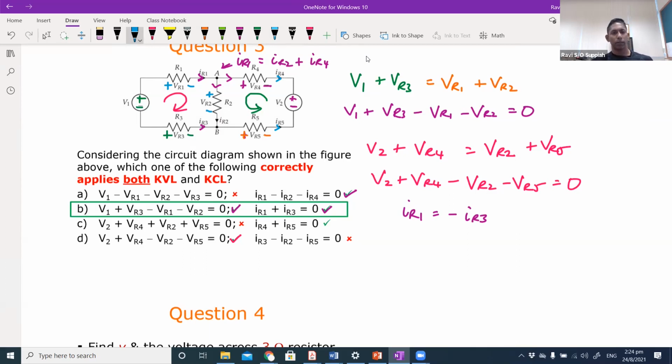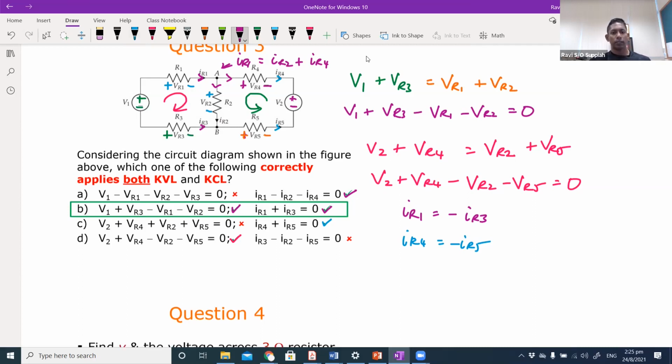So with that, you can also say IR4 equals negative IR5, only one of them is correct. So you can also say that IR4 plus IR5 equals 0. So the first three KCL expressions are correct.